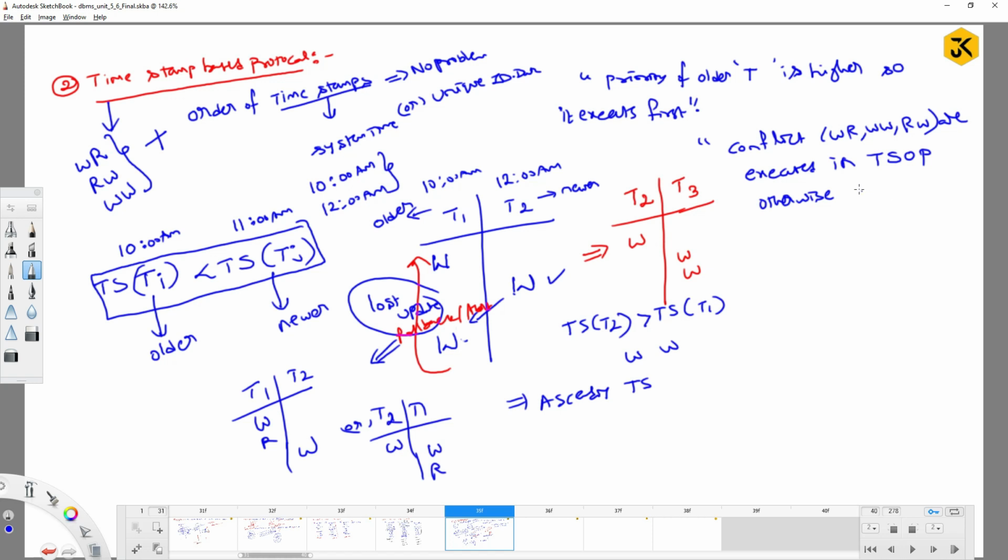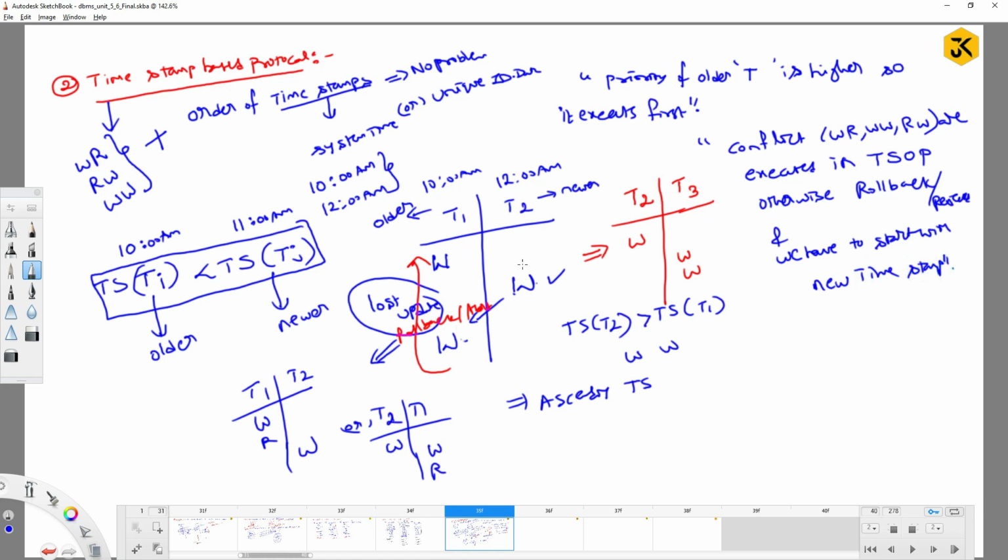You have to simply roll back, or I can say simply reject it, and we have to start with a new timestamp. I hope you understood this particular point with this example.